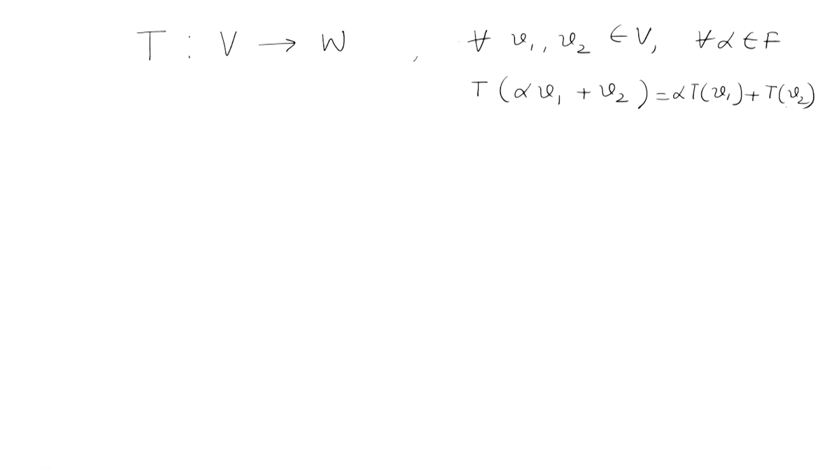Now this alpha V1 is nothing but scalar multiplication of alpha with an element of a vector space. I am not putting a dot here, it is understood that it is alpha dot V1.